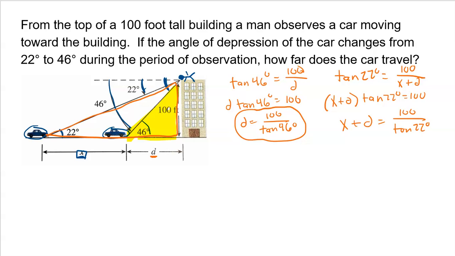And then now I want to find x. So x equals 100 divided by tangent of 22 degrees minus d. But I'm going to replace that d with what I found d to be earlier. So I'm going to replace that d right there with 100 over tangent of 46 degrees.